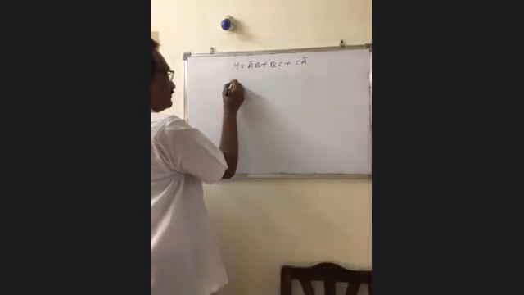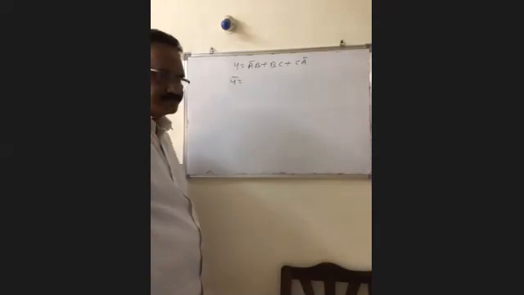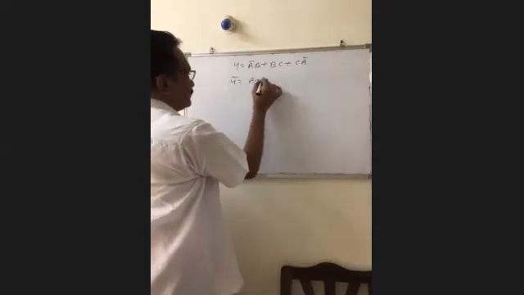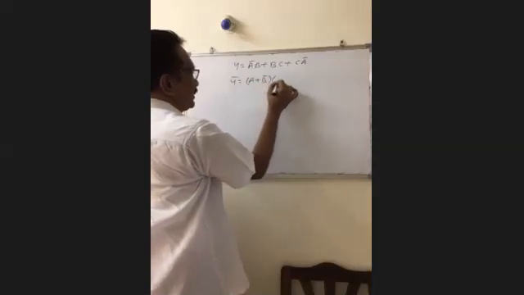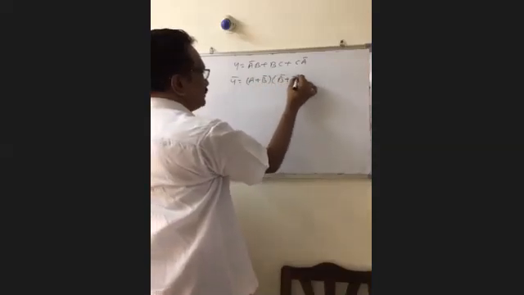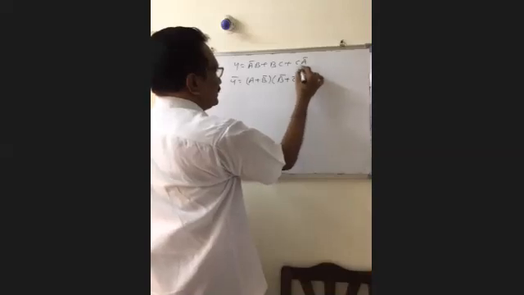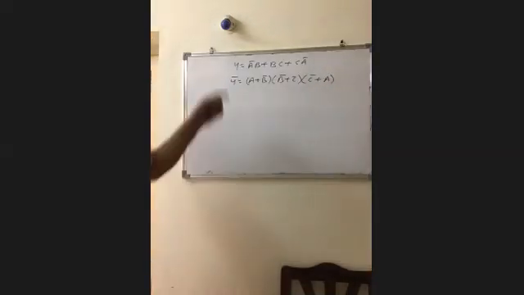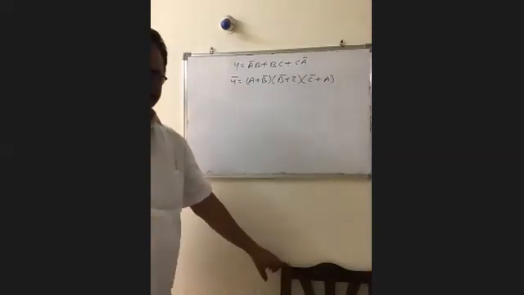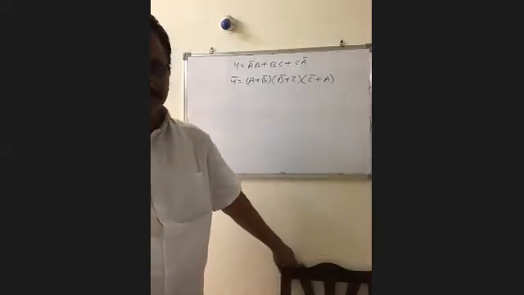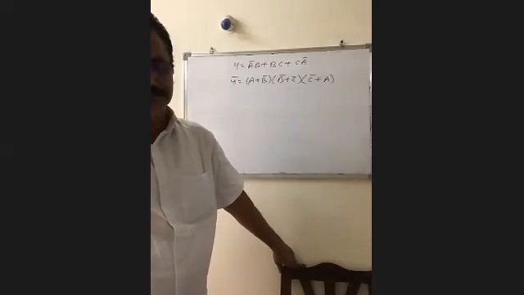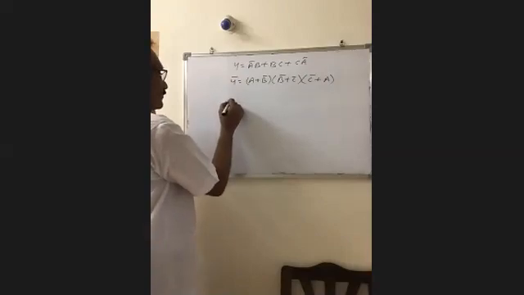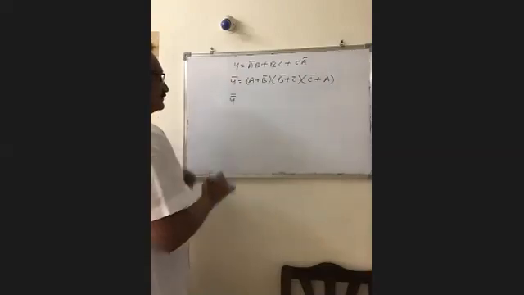What is the complement of that expression? Y bar = (A + B bar)(B bar + C bar)(C bar + A). That is the complement of the given expression. What is Y bar bar?